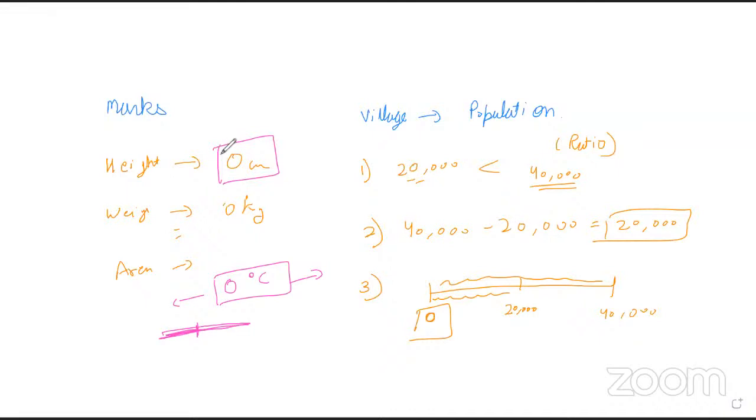Sir, can a set of ordinal type of data be a subset of nominal type of data? Because ordinal is again like categorical data only. You say it is either good or bad, that means the labels only, right? It's good or bad or high or low.